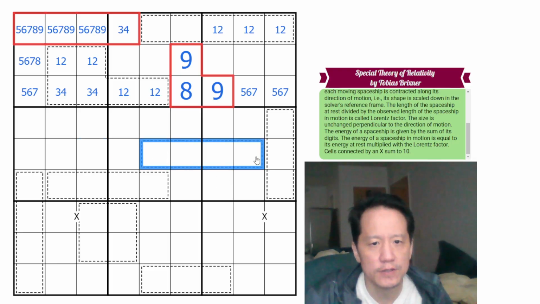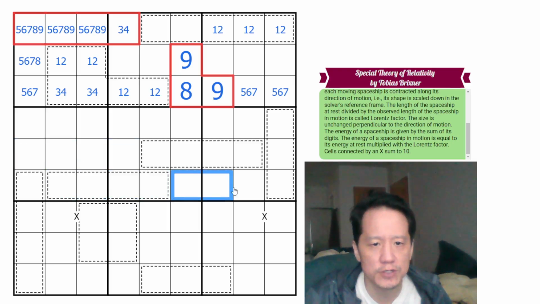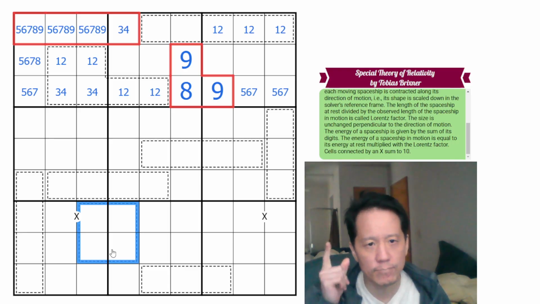Okay. This one has to shrink here. This one shrinks to 3 at most. This one can go down to here, or it could go over to here. So this is in a 2-to-1 ratio. Bingo, okay.